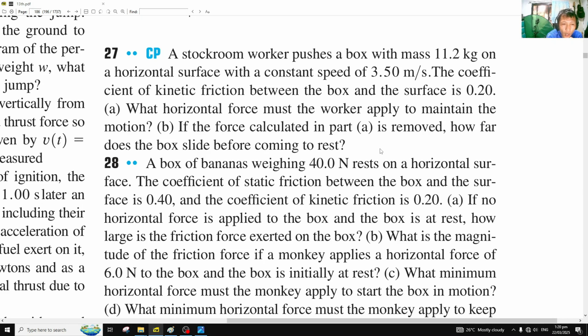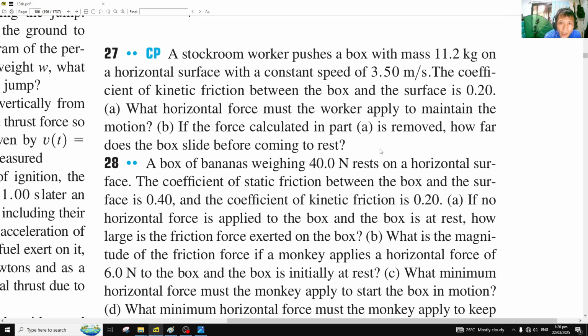Again, for you to understand the static and the kinetic, your usual value for the static coefficient is bigger than your kinetic coefficient. So that's how you can understand more about the coefficient of friction.